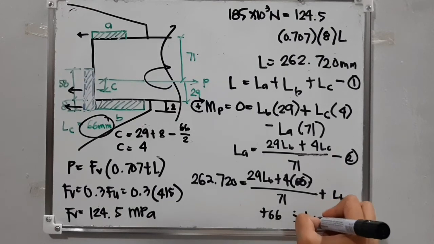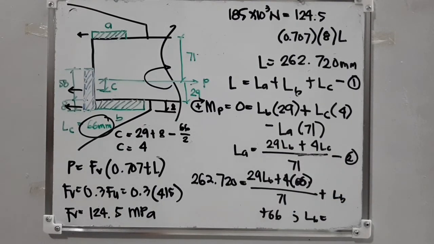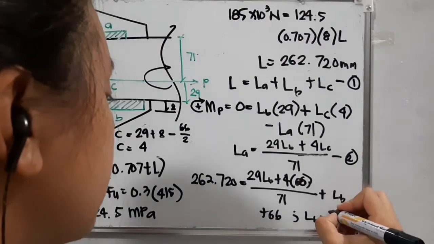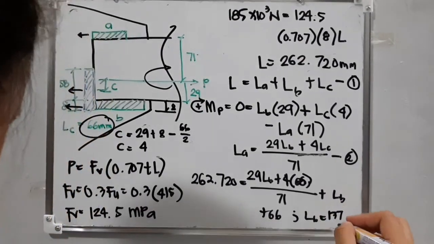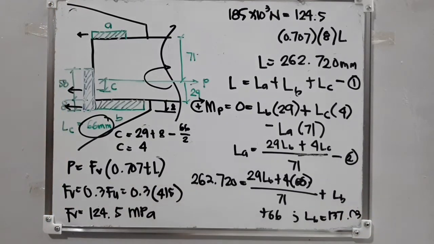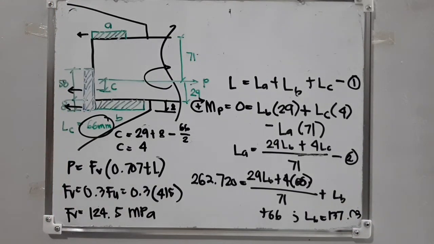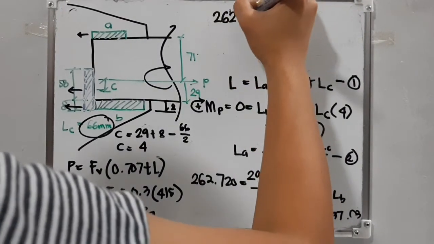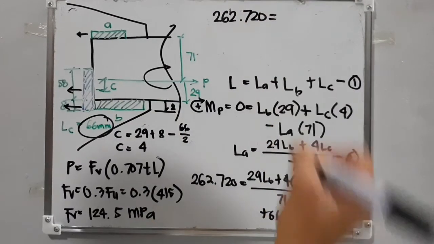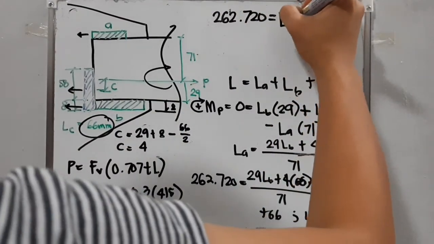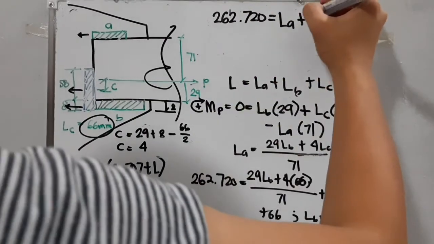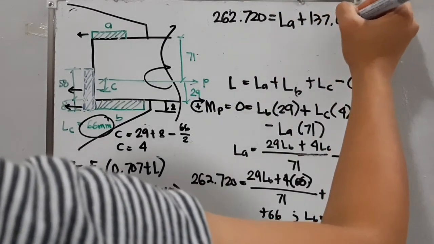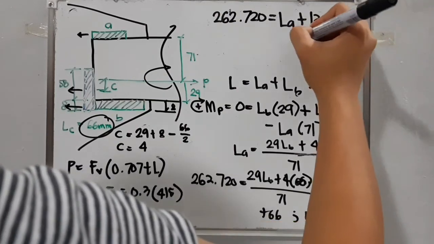So what is the length of B? The value of the length of B is 137.03 millimeters. Having said that, using equation 1, 262.720 is equal to LA plus length B, which is 137.03, and LC is 66.